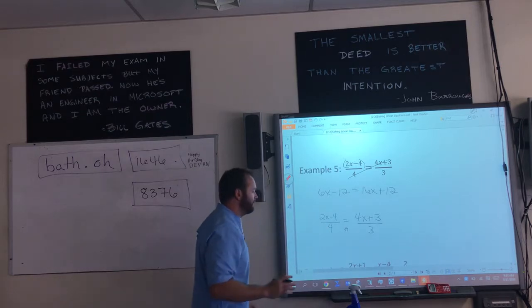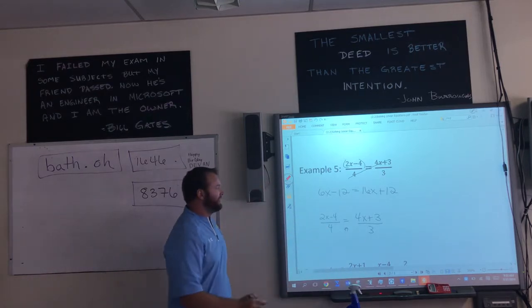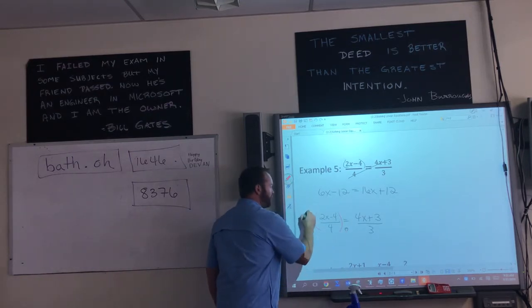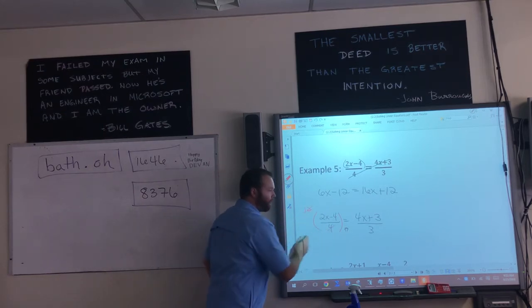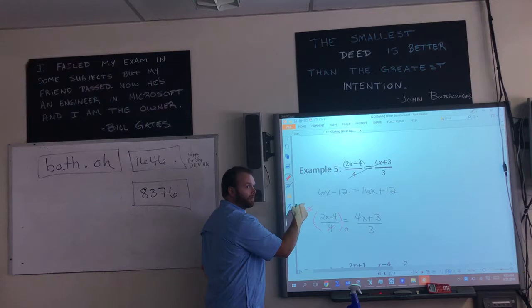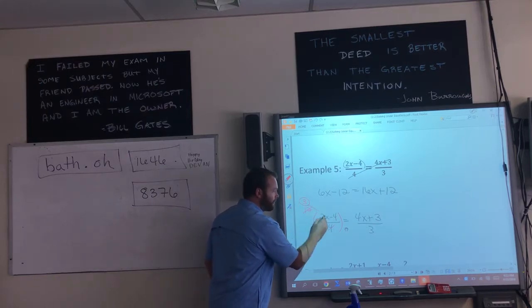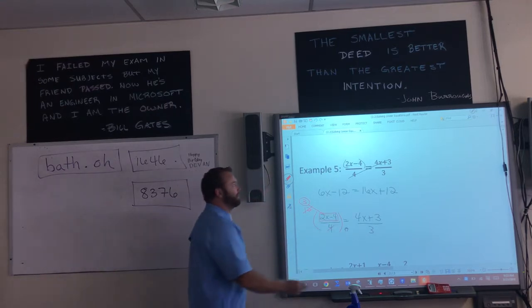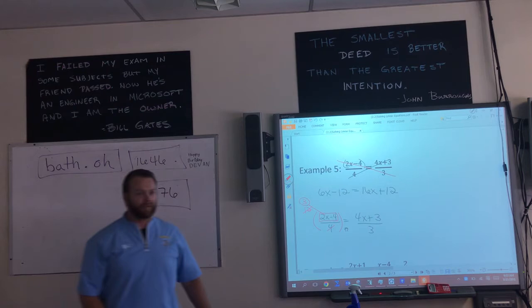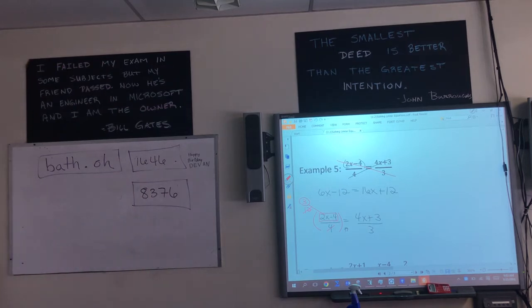If I'm going to multiply by the LCD, it's going to be 12, right? The 12 and that 4 will cancel, leaving me what up here? 3. So when I multiply that 3 through this 2x minus 4, is that not the same as that product right there that we did when we first multiplied the extremes?